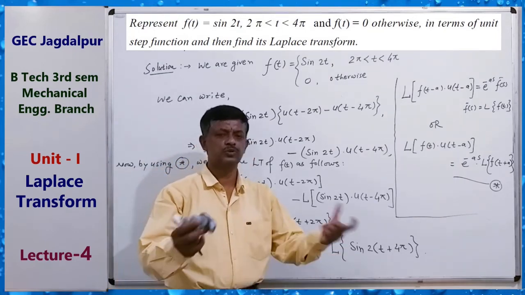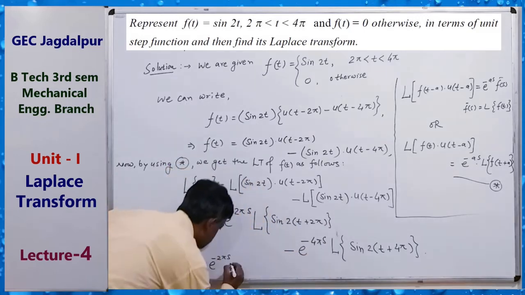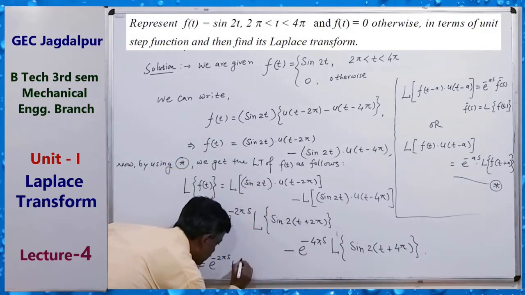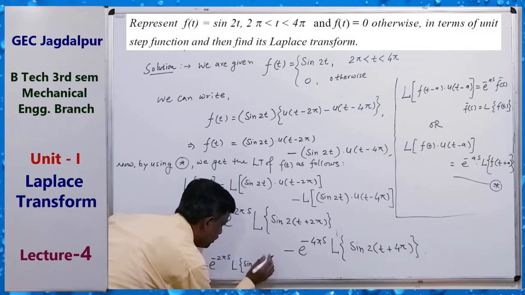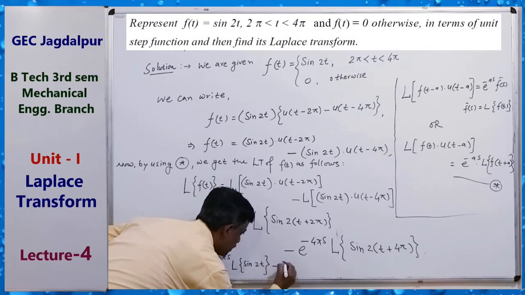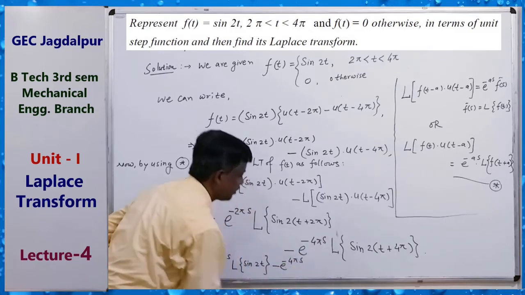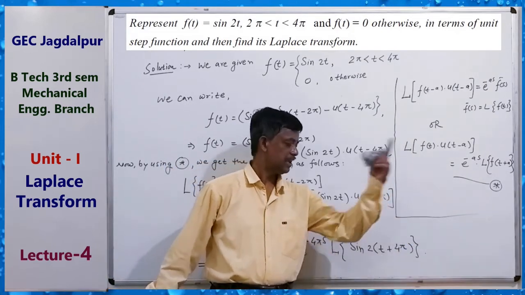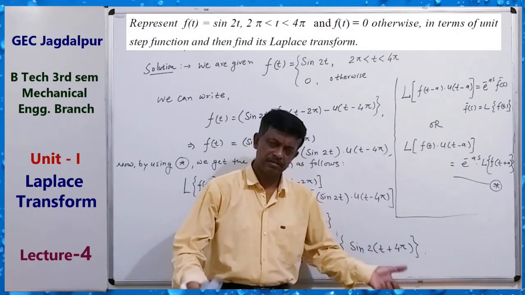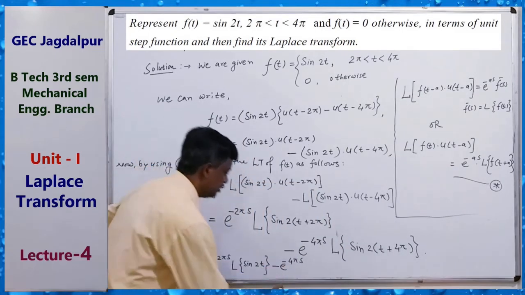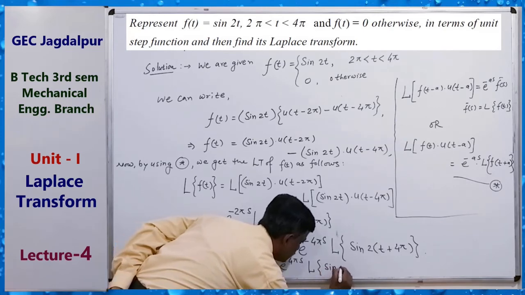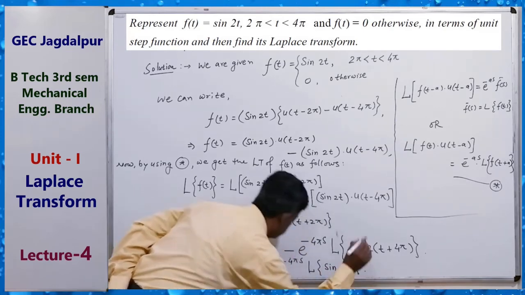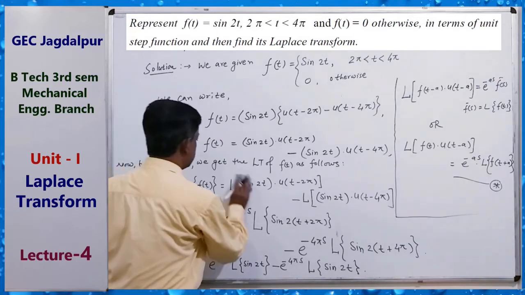So sin 2 pi plus 2t means sin 2t. So Laplace transform of sin 2t, minus e to the power minus 4 pi s, Laplace transform of sin of 2t plus 4 pi. That means sin 4 pi plus 2t equals also sin 2t. So Laplace transform of sin 2t. So finally you can write the answer.